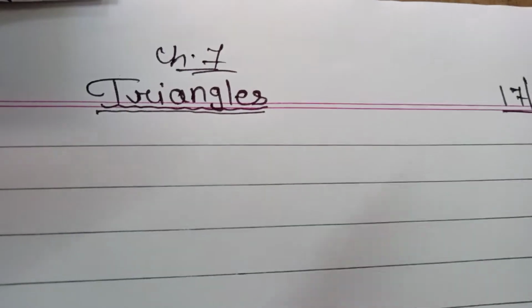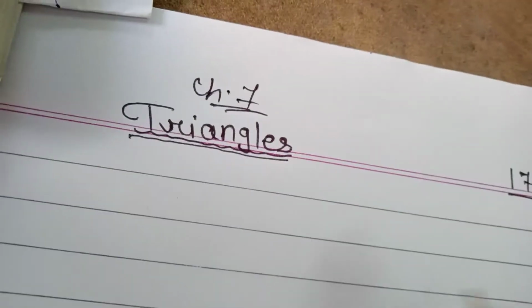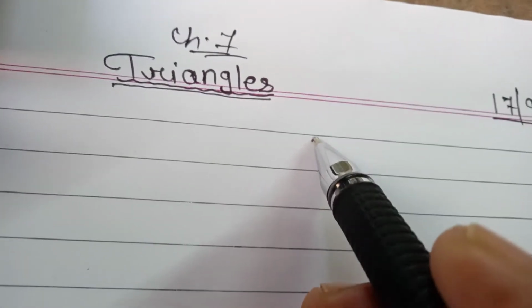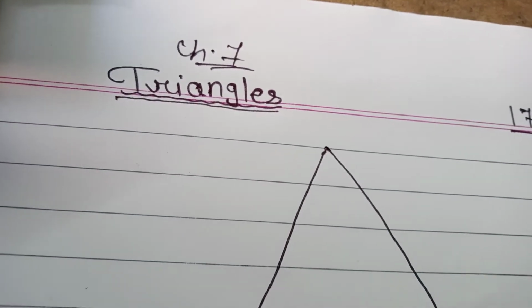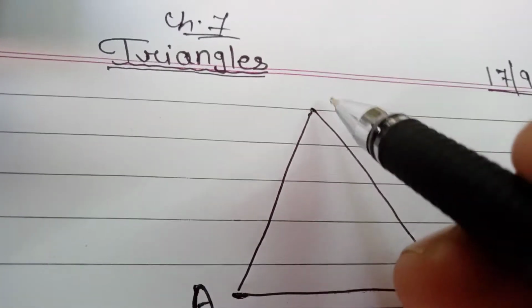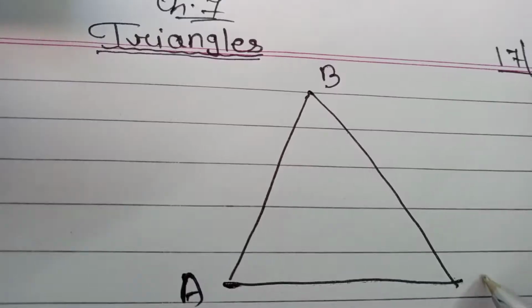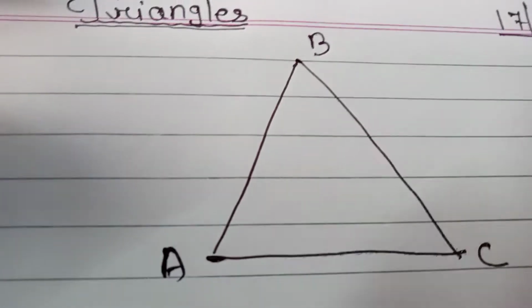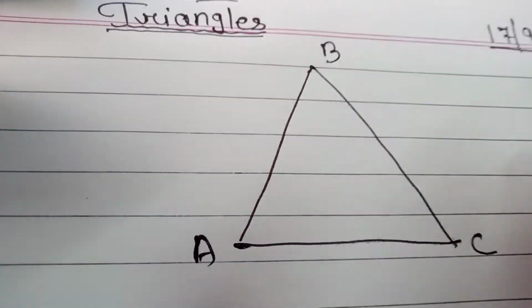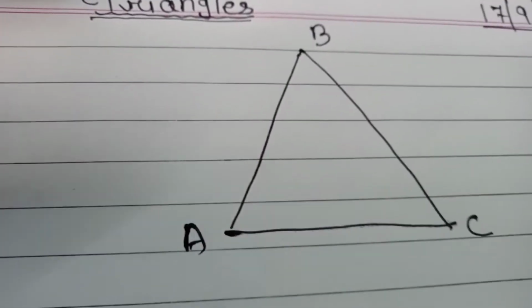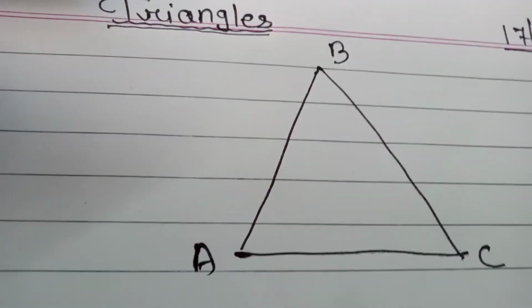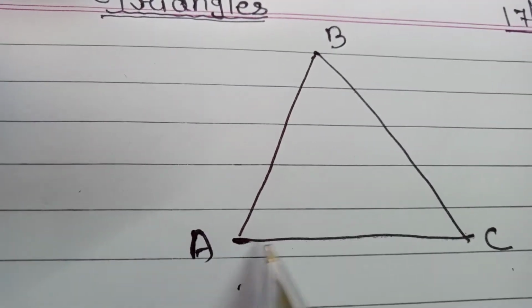In this segment, I will give you some primary information about the triangle, that is, three non-collinear points. We can say A, B and C are three non-collinear points. Why are they non-collinear? Because they are not lying on the same line. So these three non-collinear points form a triangle.